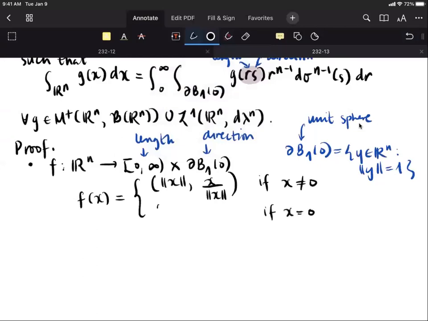If x is 0, then we can assign it arbitrarily to any point on the Cartesian product, so namely length 0, and y naught is a fixed element on the unit sphere.